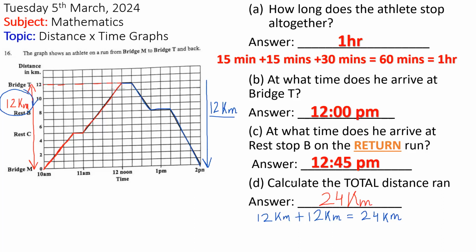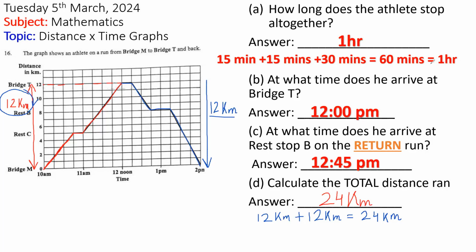Okay, no problem. And Ajani, do you understand how we got 24? Yes, sir. How did we get 24? We added 12 kilometers and 12 kilometers, and then we get 24 kilometers.